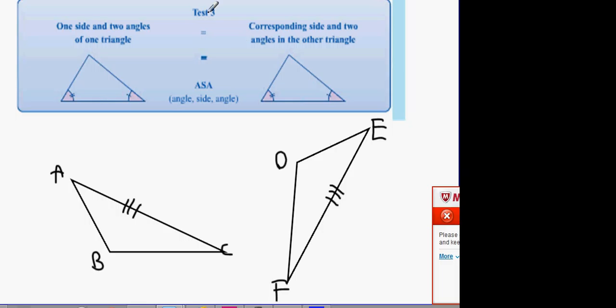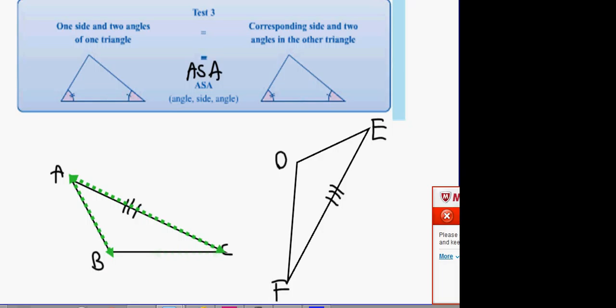Now what you have to remember about angle side angle, or ASA. For ASA, you need to have, and if I do this in green again, you need to have the 2 angles and the side that links them. So what I basically need is this angle here, the side that links them, and this angle here.